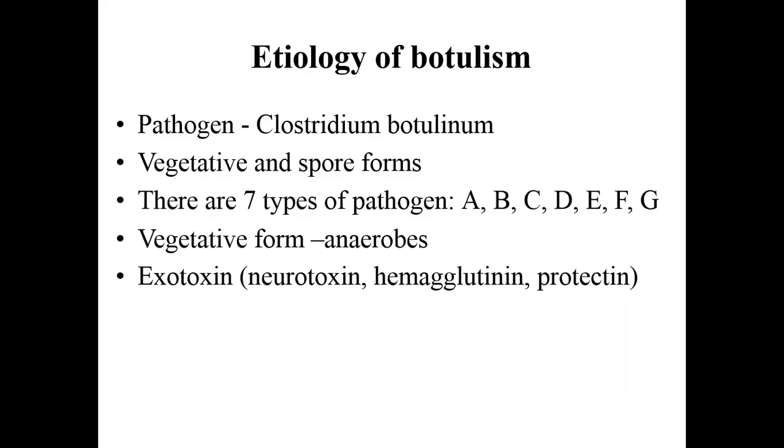Etiology of botulism. Next disease is botulism, Clostridium botulinum. Clostridium botulinum produces botulinum toxin and causes botulism, a rare disease manifested as various clinical syndromes ranging from food poisoning and wound infection to infant botulism.